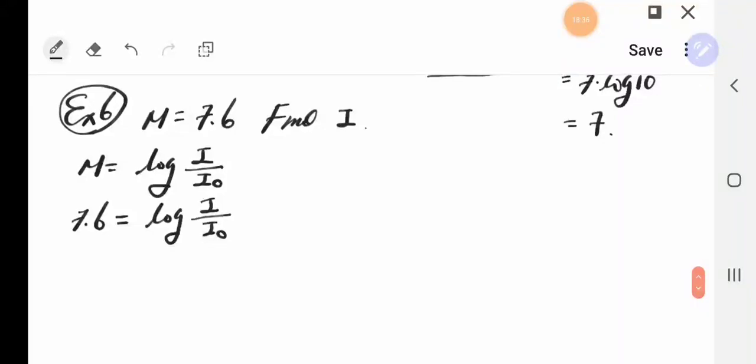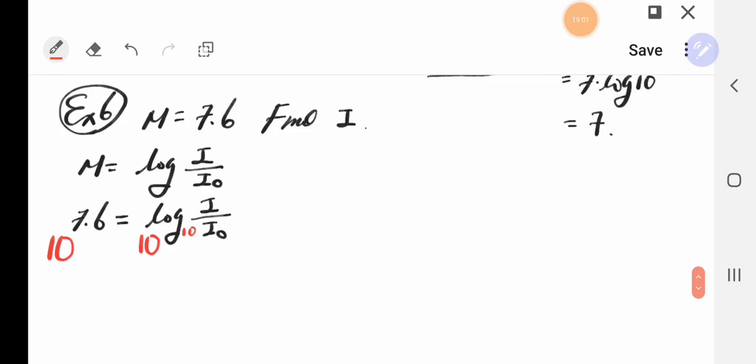Okay, from this we need to get rid of this logarithm. So why don't we take 10 as the base of each side? Because the base of the logarithm is 10. This 10 is hidden. So we will take 10 using the same base.